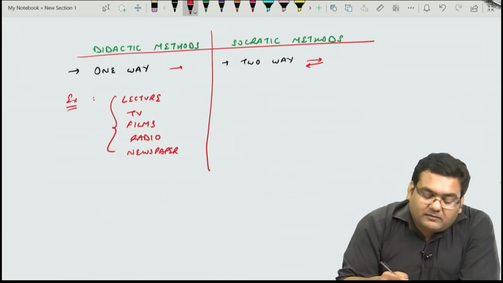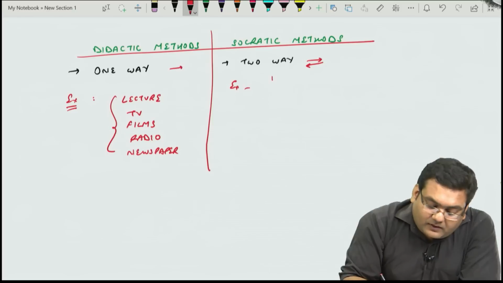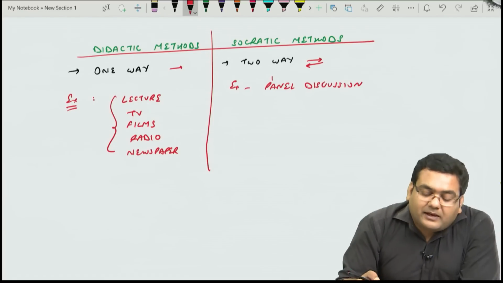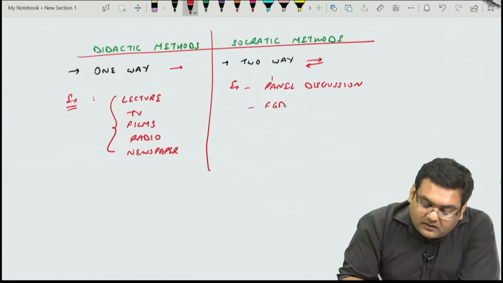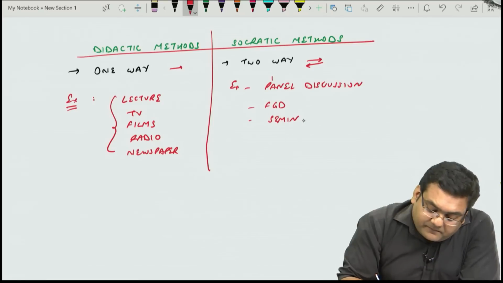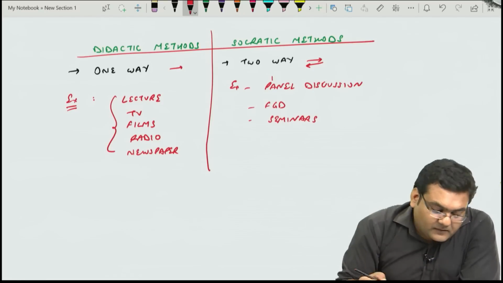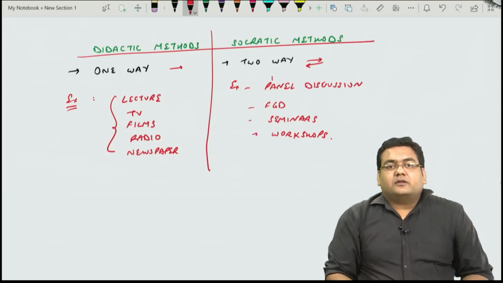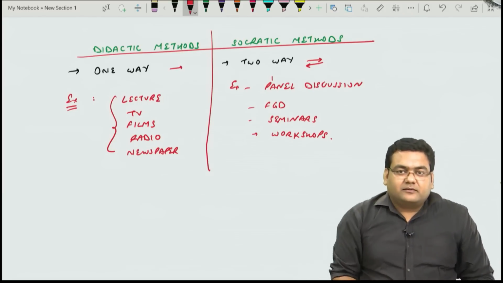Whereas in the Socratic method, you have panel discussion, focus group discussion, seminars, and workshops. They all come under Socratic methods.